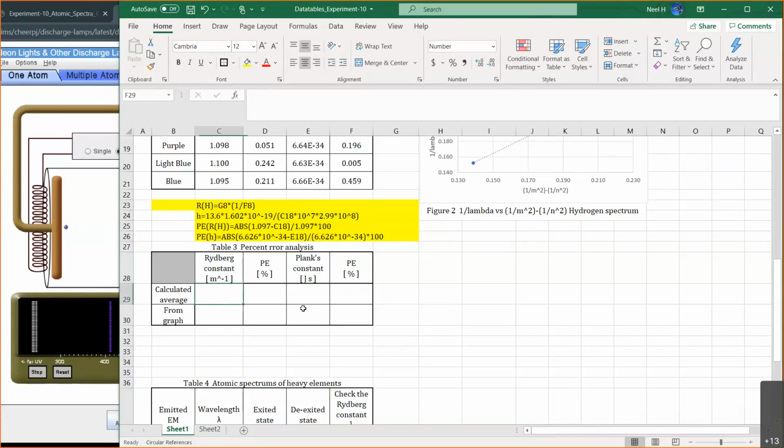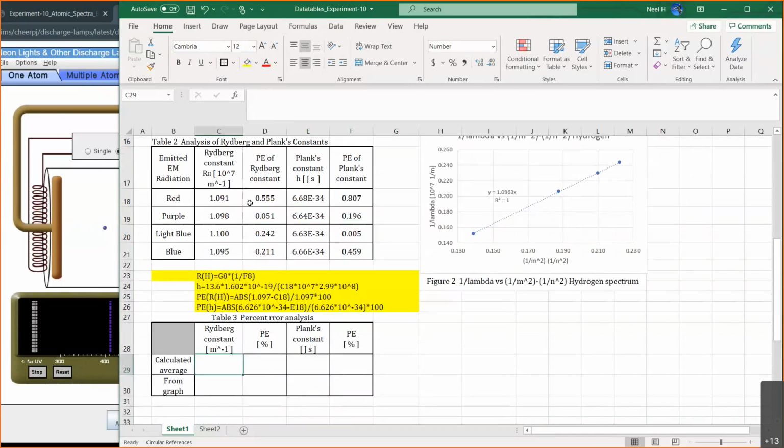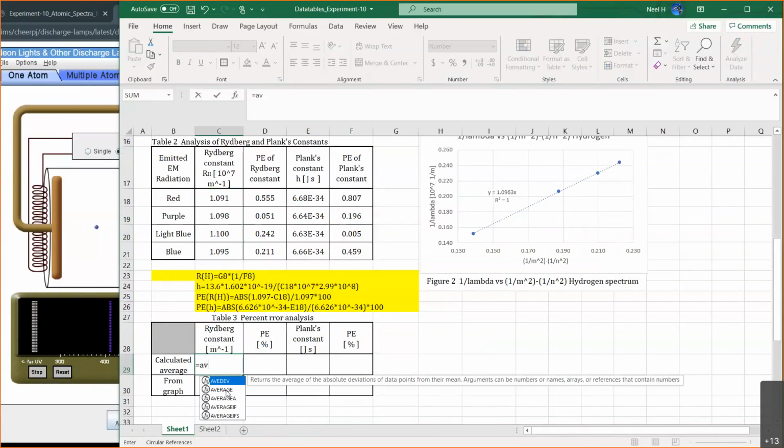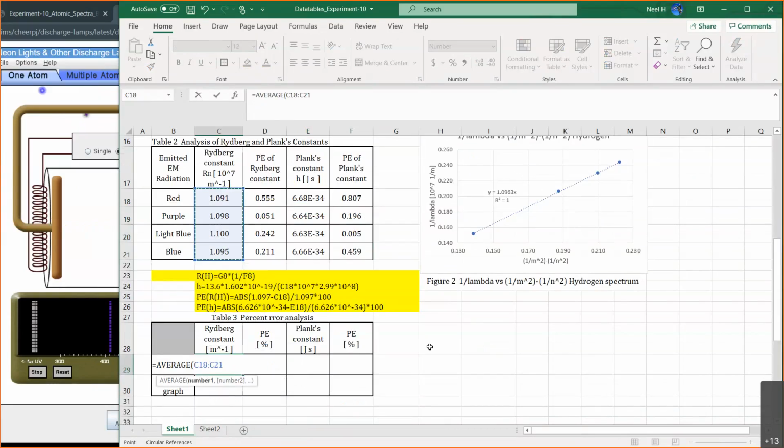And for the calculated average, since I did the calculation with the constant 4 times, I can average them out, right? So equal sign, AVERAGE command, and in average, I want to get all of those 4 in table number 2, C18 to C21, close brackets.